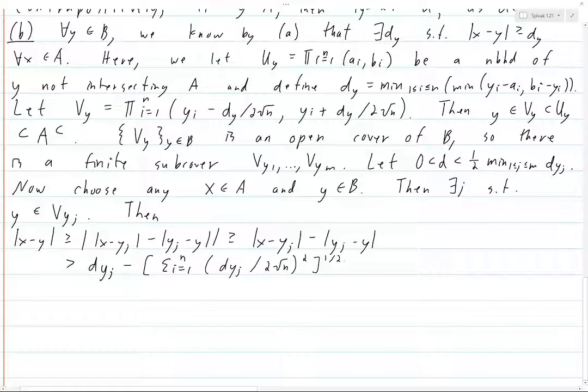Okay, so then this is equal to dyj minus, and if we sum this up, we've got n copies of the same thing, so it's n times dyj squared, dividing by 4n, and taking the square root.